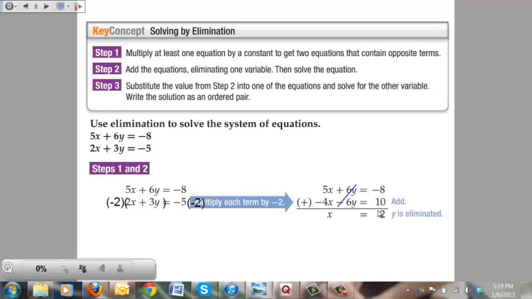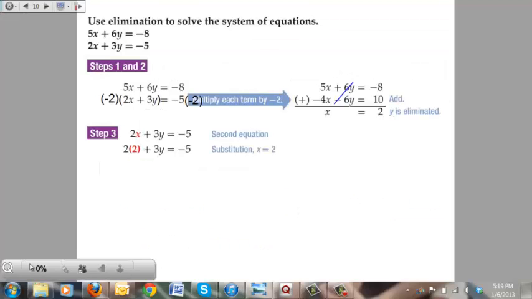We're going to use that to do step 3, substitute the value from step 2 into one of the equations, makes no difference which one you choose, and solve for the other variable. Write the solution as an ordered pair. So you take your original equation of 2x plus 3y equals negative 5. You could have done the other one, but aren't smaller numbers nicer to work with?